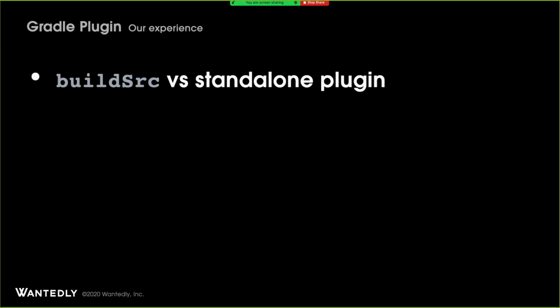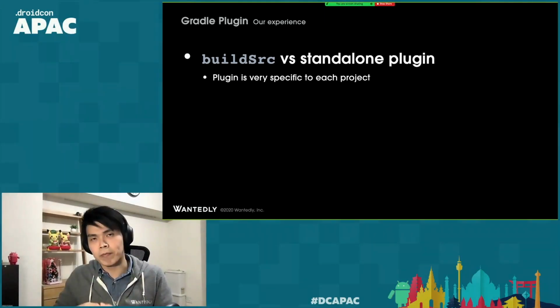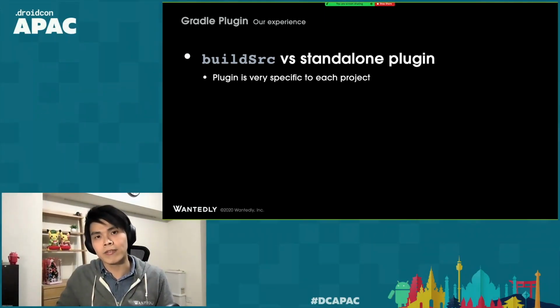The Gradle plugin that I showed you here today is a bundled plugin inside the buildSrc folder, but you can definitely create a standalone plugin, which means a plugin that is developed in a separate project and then can be applied on other projects. But in my opinion, the plugin that I've showed you today is very specific to each project.